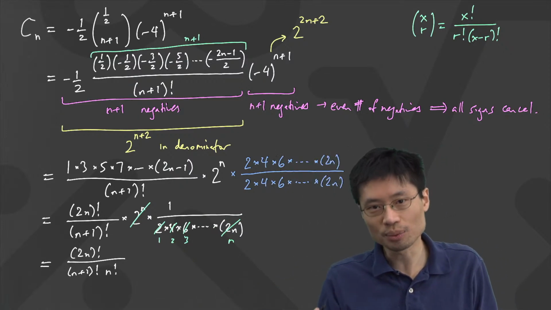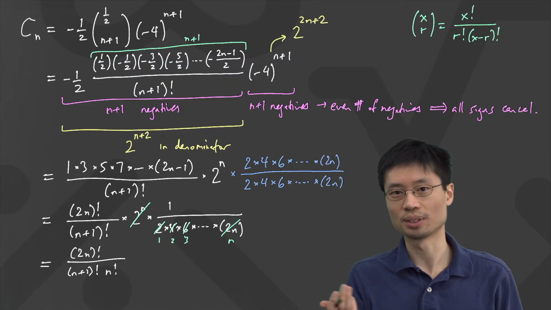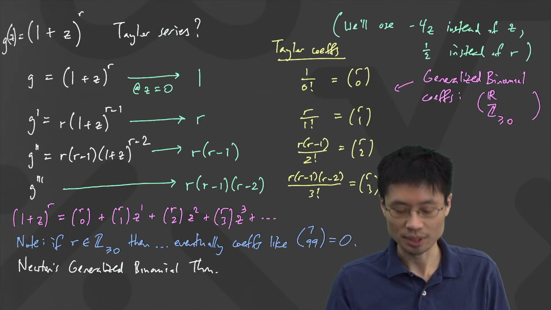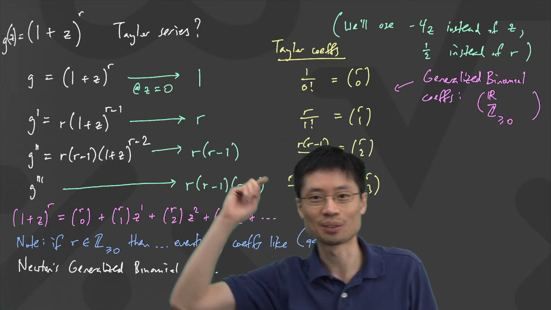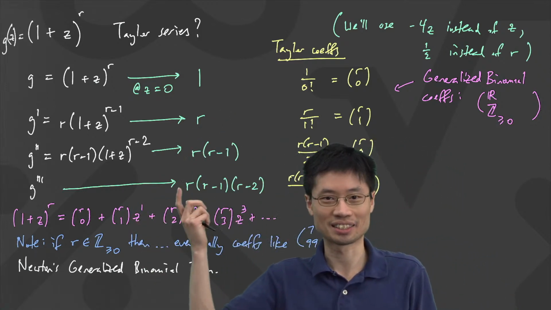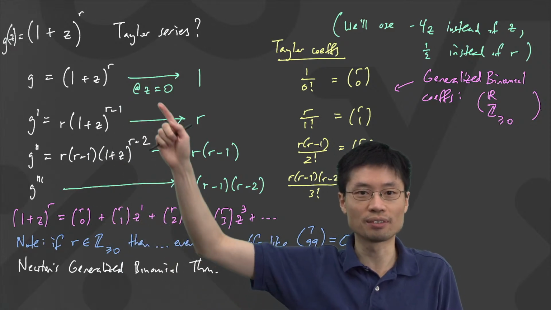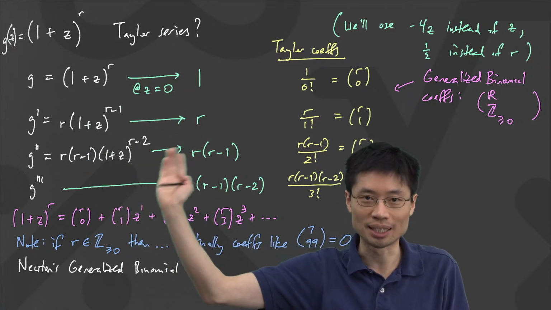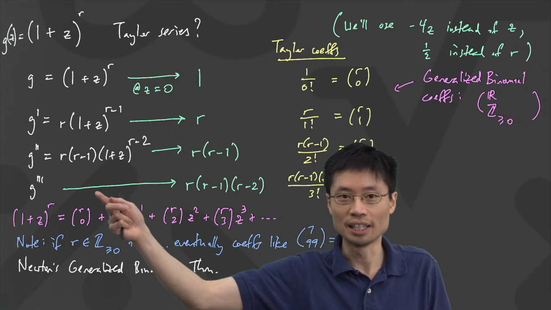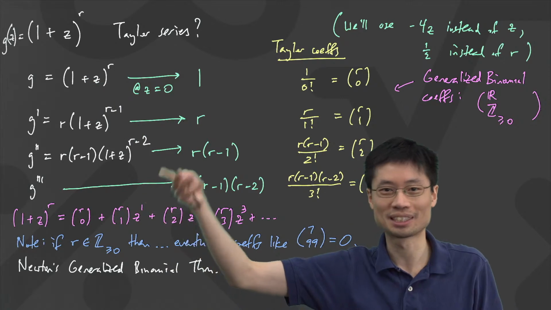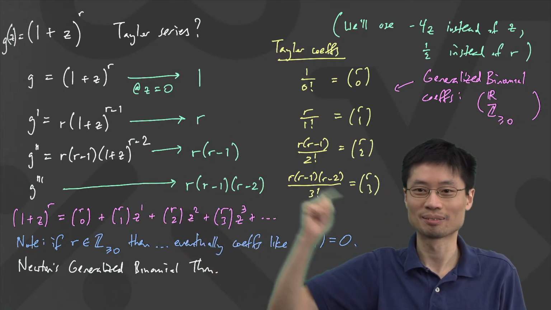The proof of why this worked is that it's just what you did when doing the Taylor series for the function 1 plus z to the power r. That's what we did towards the end of the last class: we took all the derivatives, and the r minus 1, r minus 2 all multiplied out in front. And for Taylor series, you plug in 0, which is great, because 1 plus 0 to any power is 1.